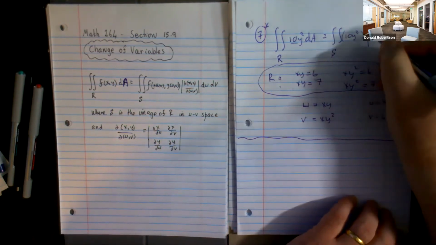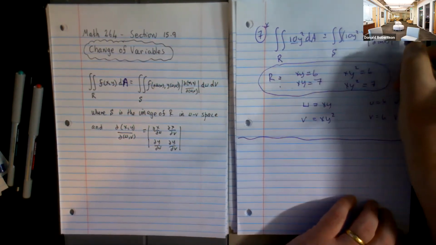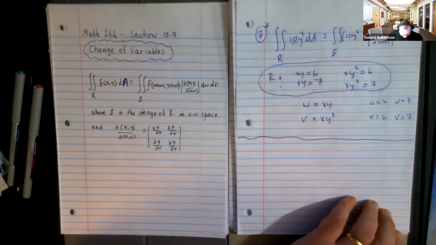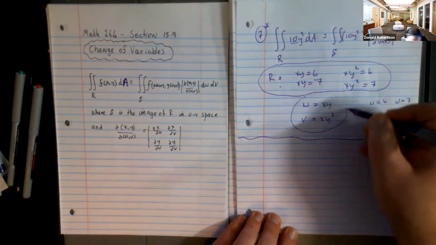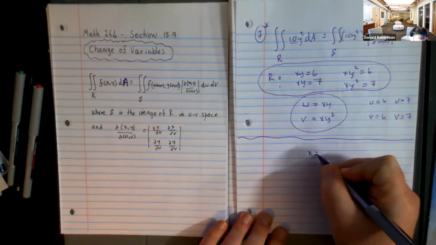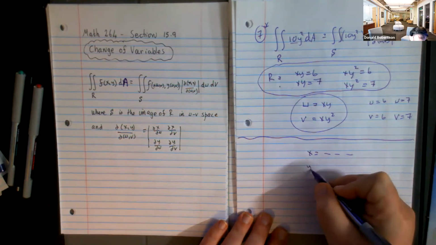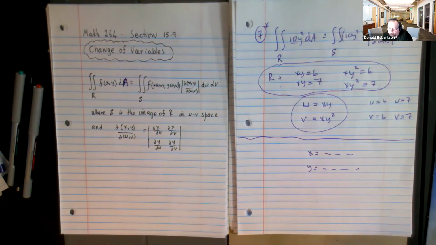Then it's going to be the Jacobian and du dv. Well, I do have a change in variable, but it's not really the way I need it to be, is it? I want x to be a function of u and v, and I want y to be a function of u and v. So this is where the algebra kicks in.